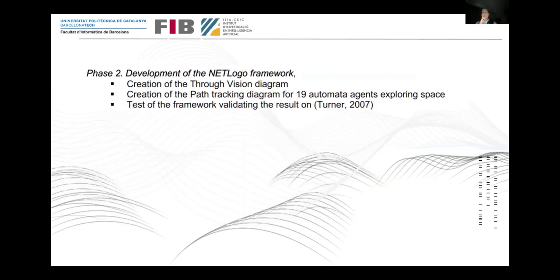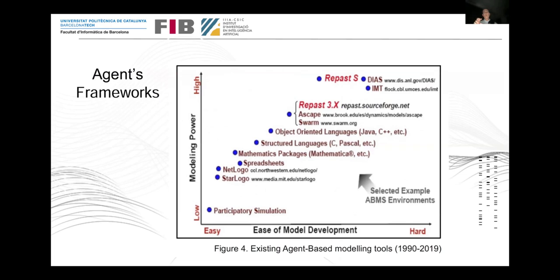After that initial exercise, we started all our considerations on the development of the agent-based framework. The first step at that stage was to consider what type of agent framework we should be using.